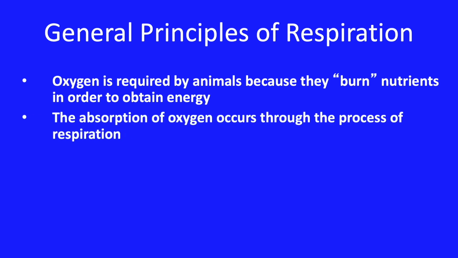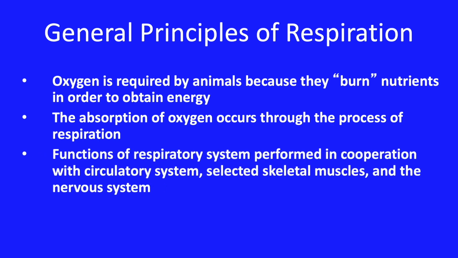Second, the absorption of oxygen occurs through the process of respiration. We explained previously how the diaphragm and muscles of the thoracic wall help in this process. In this lecture, we will discuss the actual organ where gas exchange occurs, the lungs and its surrounding membranes, the pleura.